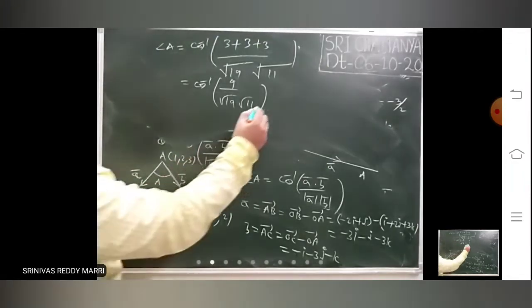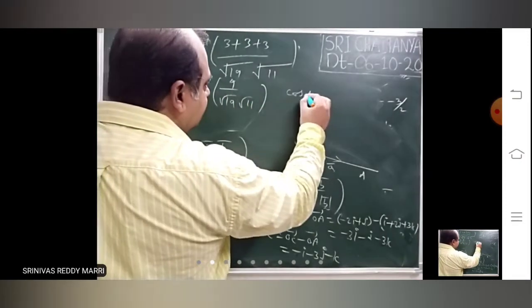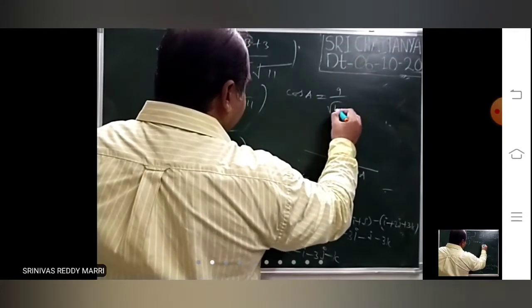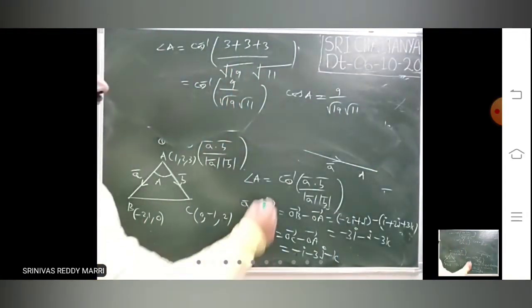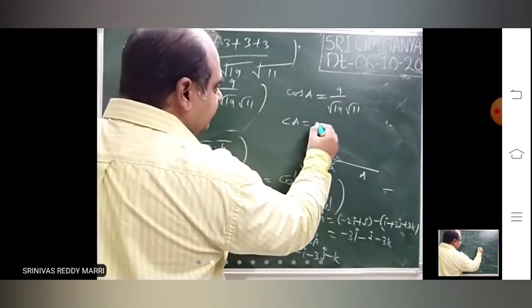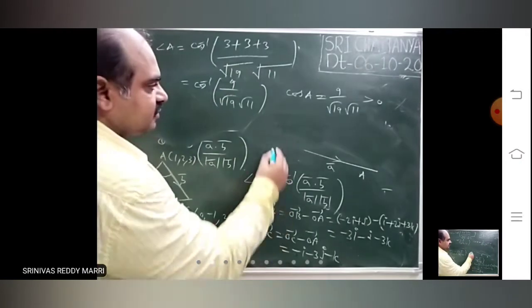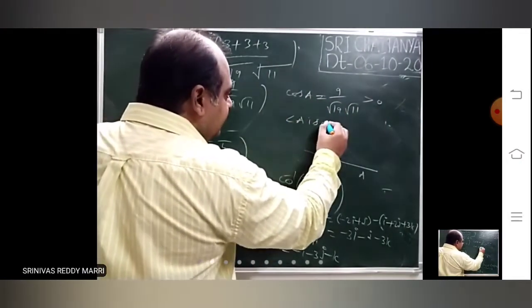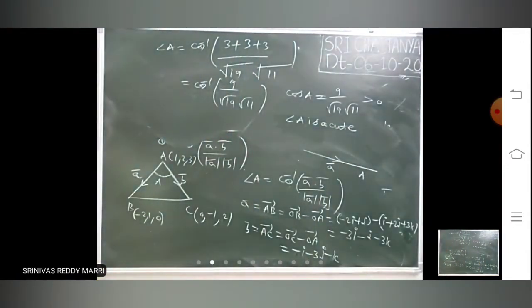Or you can say cos A, bringing cos to this side. Cos A is nothing but 9 divided by root 19 into root 11. That means cos A is positive, you got. So you can say that cos A is positive means angle A is acute. Like that you can decide whether angle A is acute or obtuse.